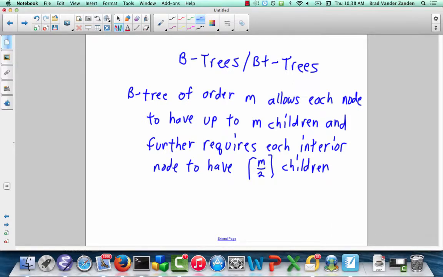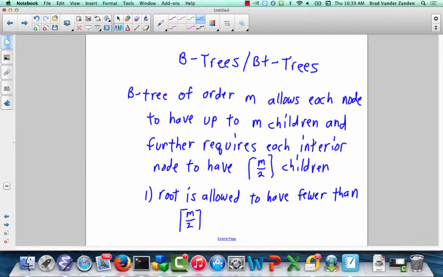Okay, now there's one exception, which is the root is allowed to have fewer than m divided by 2.